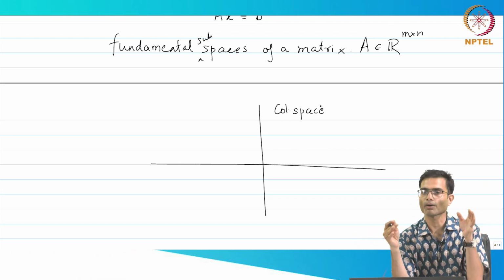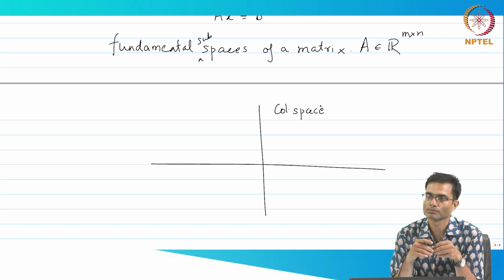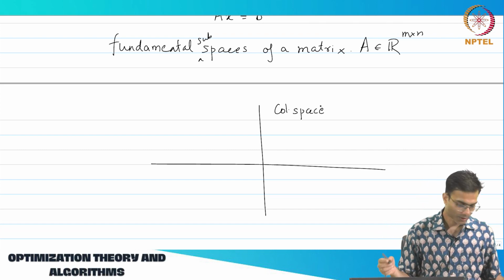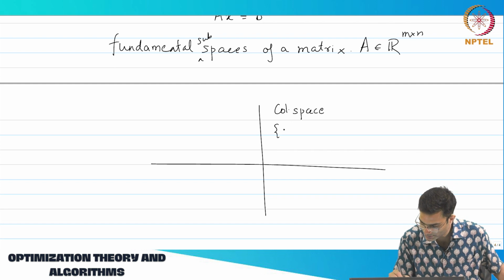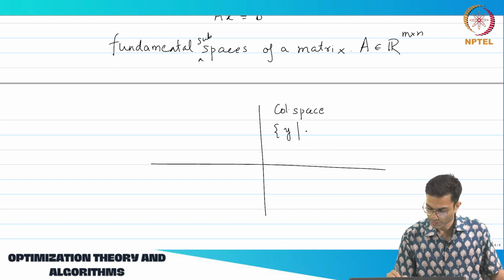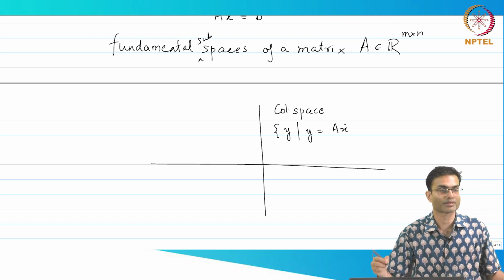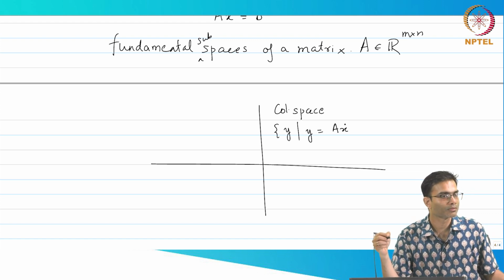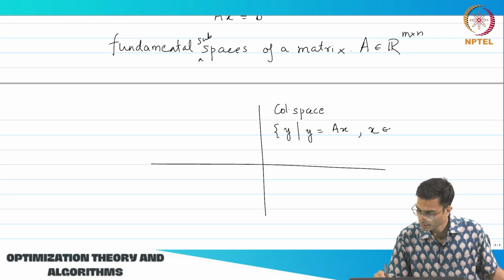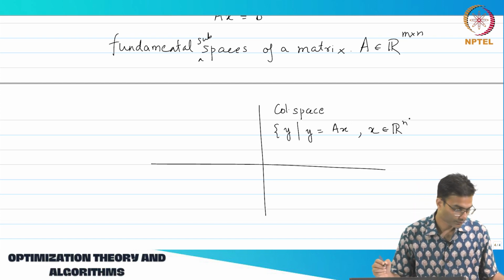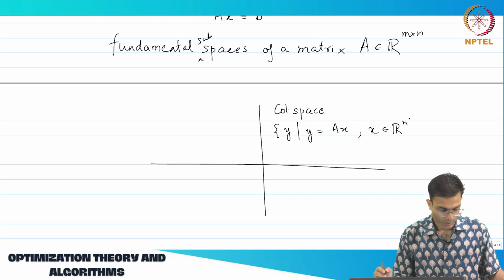Okay. Is there a very compact way of writing this? AX, right? So I'm going to define this as any vector y such that y is equal to AX. Is there any restriction on X? No, right? X belongs to Rn. Okay.